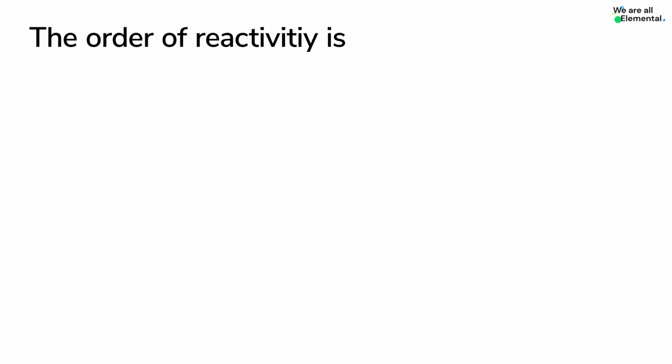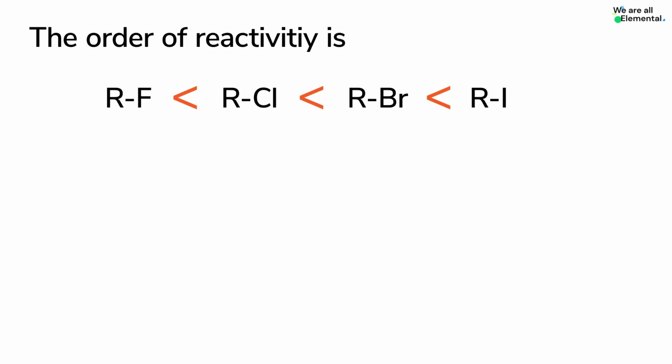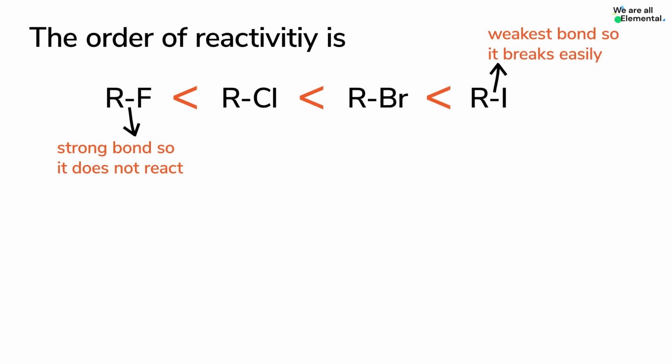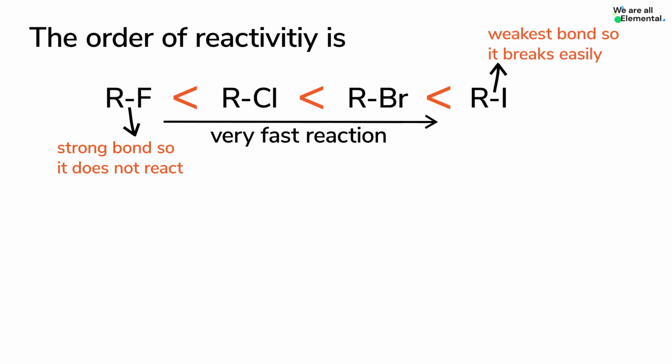In terms of order of reactivity, the alkyl fluoride bond is strong, so it does not react very readily. But the alkyl iodide bond is the weakest and it is the fastest reaction.